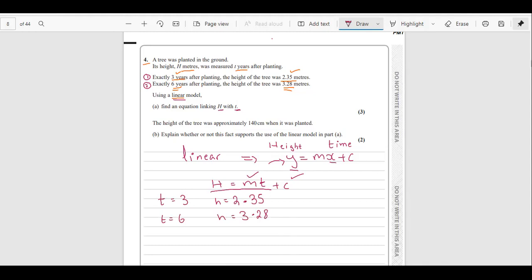So let's use this set first. So we have h as 2.35 equals 3m plus c, and we have 3.28 equals 6m plus c.